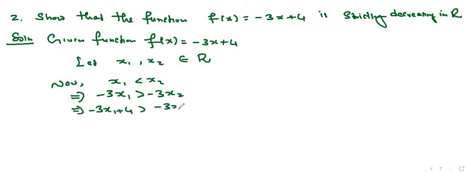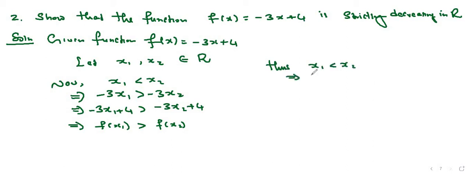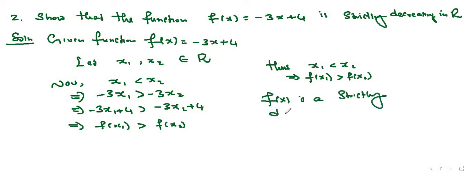We get minus 3x2 plus 4. That implies f of x1 is greater than f of x2. Thus, x1 less than x2 implies we get f of x1 is greater than f of x2. That means f of x is, according to our definition, strictly decreasing in its domain capital R.